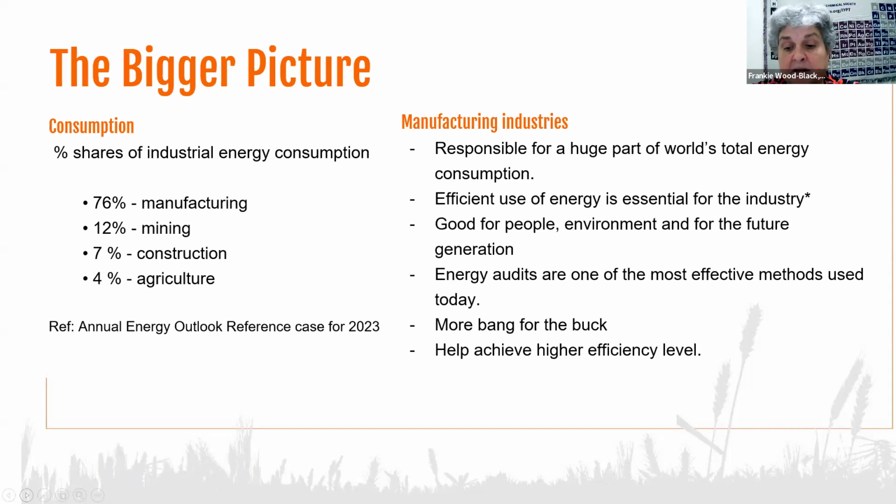Manufacturing is 12%, but construction and agriculture also have big energy uses. Our manufacturing industries are the biggest chunk. They're the ones using a lot of that energy. So we do have those pieces that are out there. We want to be able to have an efficient use of the energy.